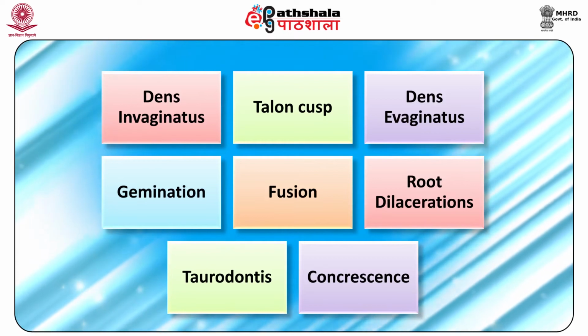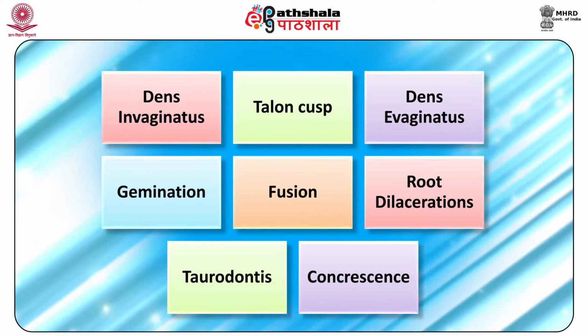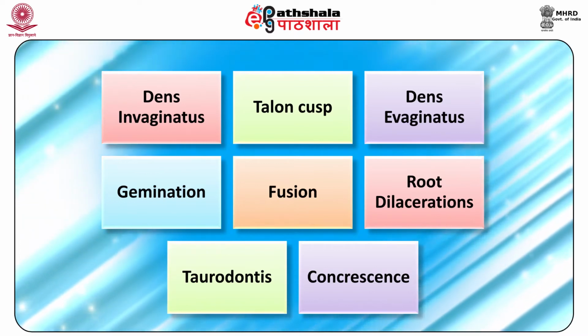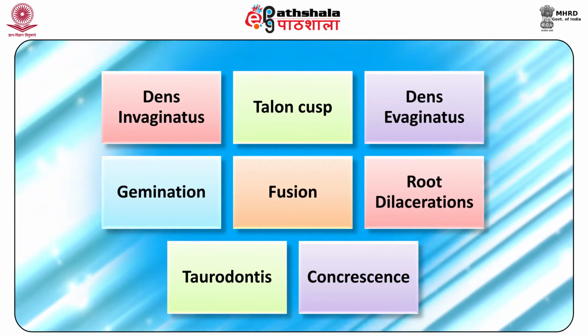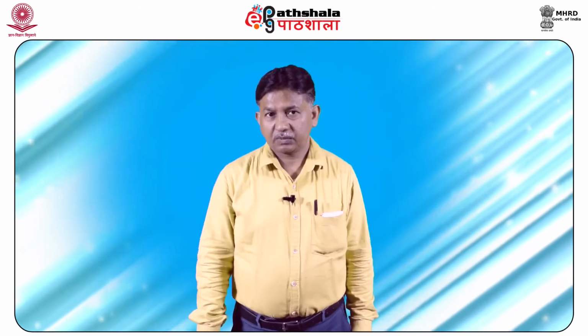Anomalies of shape include conditions such as dens invaginatus, talon cusps, dens evaginatus, gemination, fusion, root dilacerations, taurodontism and concrescence.